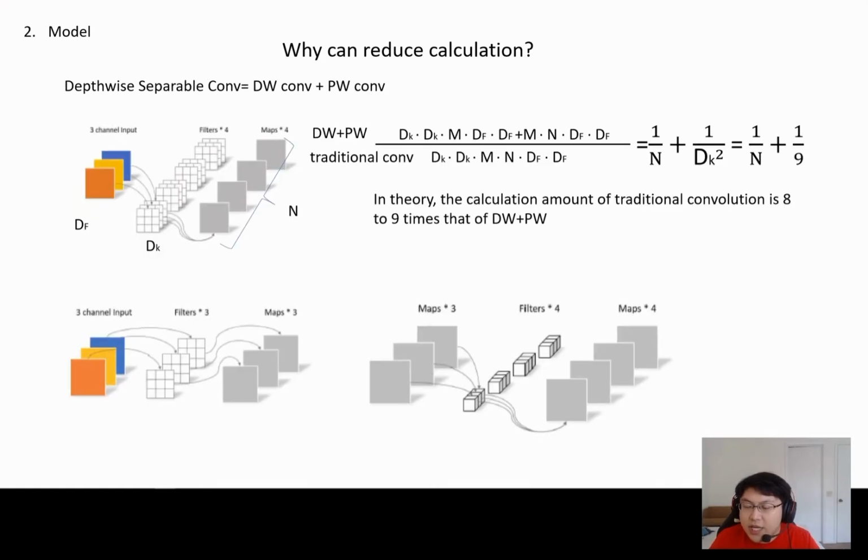In theory, the calculation amount of the ordinary convolution is 8 to 9 times that of DW plus PW. I've listed the process of calculation.